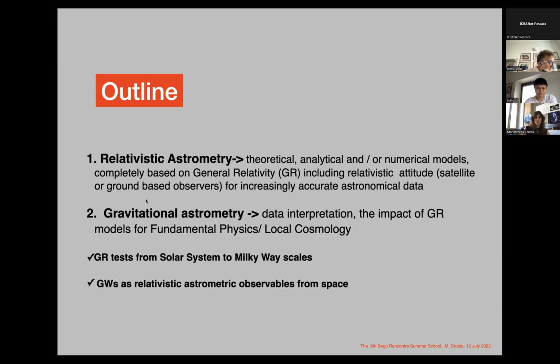And then gravitational astrometry, used for data interpretation to study the impact of general relativity models for fundamental physics and local cosmology, especially for relativistic tests that go from the solar system to the Milky Way scales. And also, thanks to the combination of the two ingredients, we are able to introduce a novel way to detect gravitational waves.